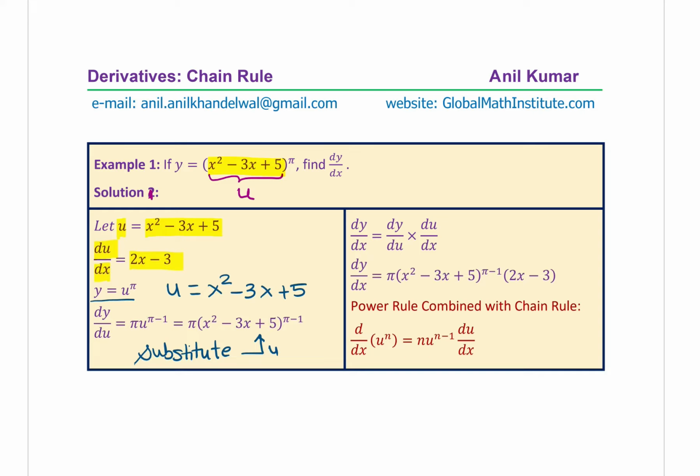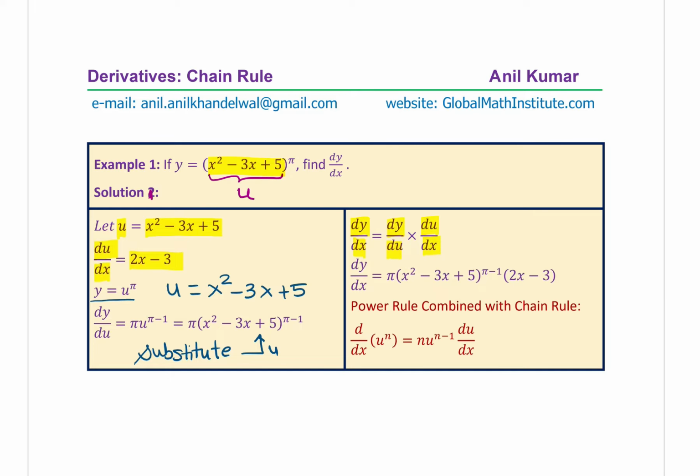Perfect. Broadly speaking, what we have done here is use the power rule on this, correct? And then we multiplied with the derivative of the inside function, right? So now we can say, by the chain rule application, dy dx is dy du times du dx.